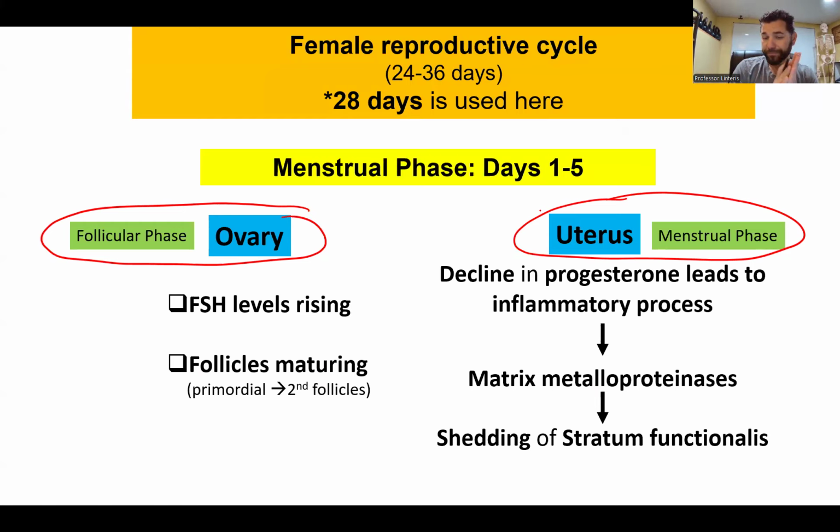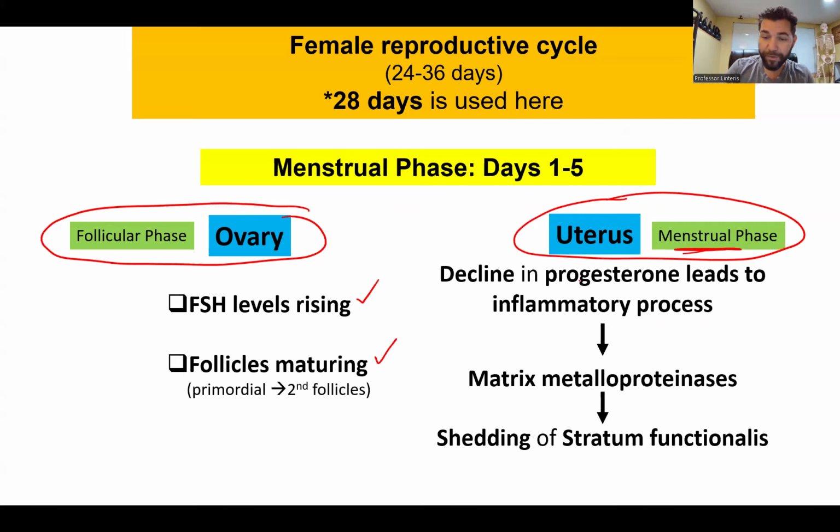So during the beginning, aka the menstrual phase, FSH levels are rising, and thus those follicles are maturing, right? From those primordial and primary follicles to the secondary. What's happening at the uterus?